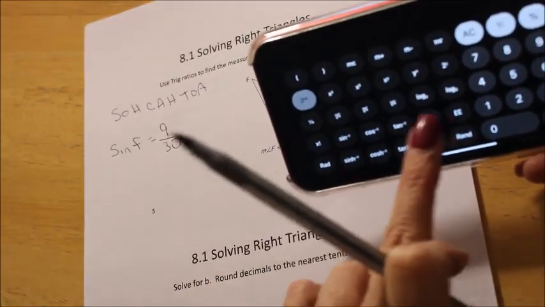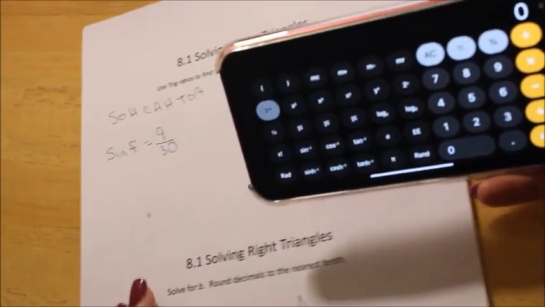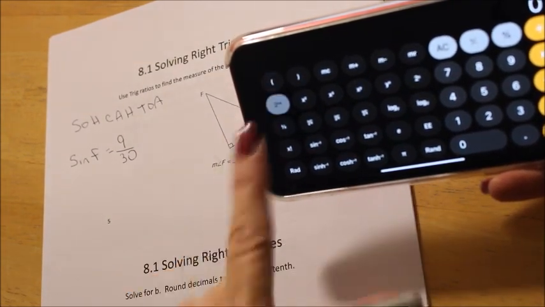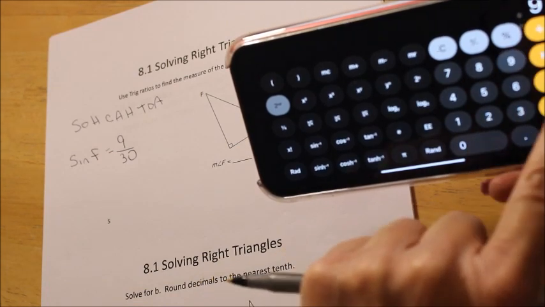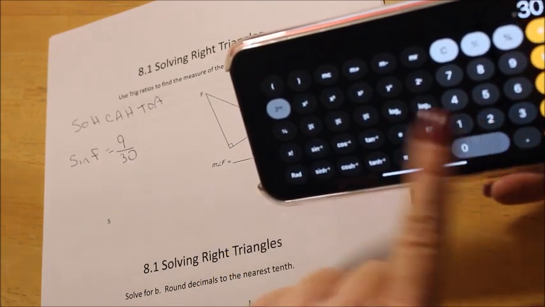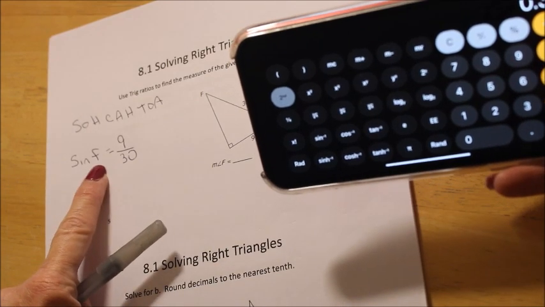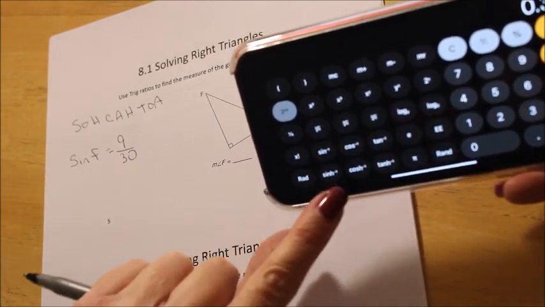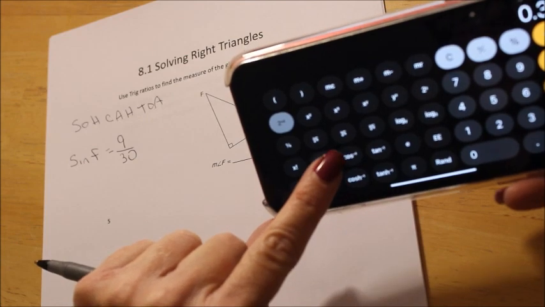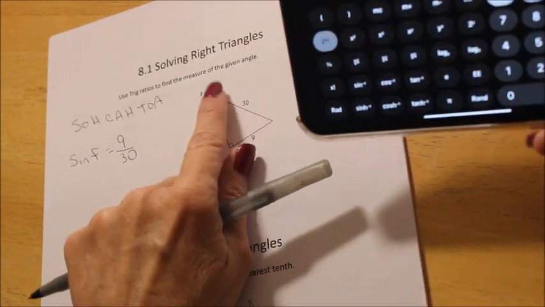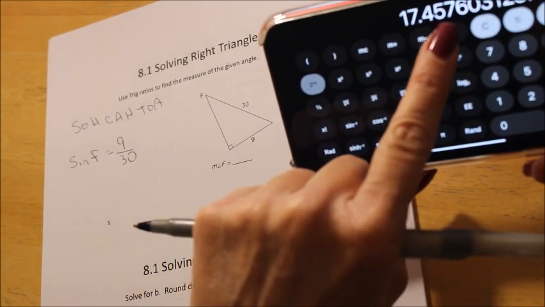I already have second hit, so I'm going to use my parentheses, and I'm going to put 9 divided by 30, and I'm going to go ahead and close the parentheses, and I'm going to get that answer, and now I'm going to hit the sine inverse of that. So there it is right there, and I get about 17, we'll round to the nearest tenth, I believe, 17.5 degrees.